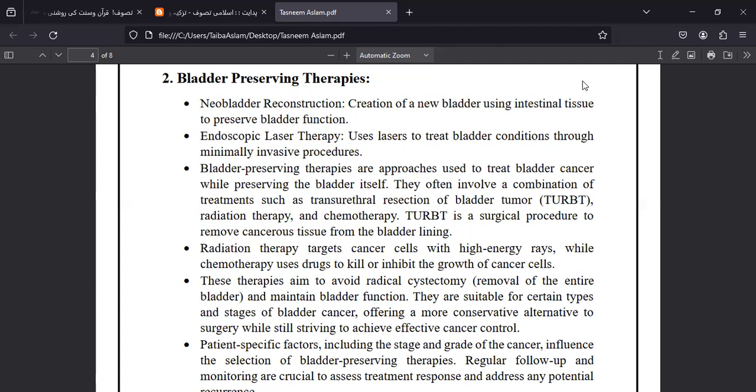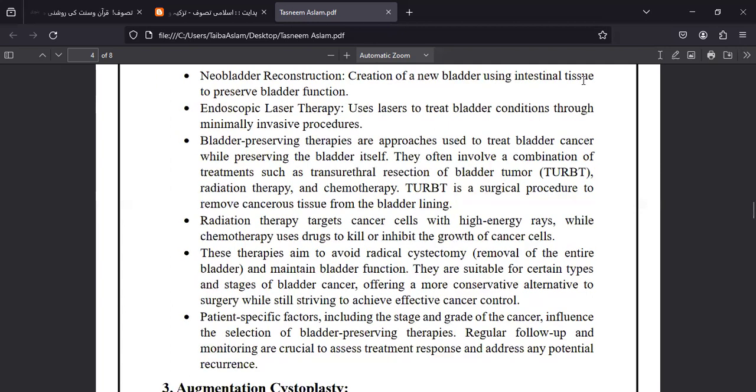TURBT is a surgical procedure to remove cancerous tissue from the bladder lining. Radiation therapy targets cancer cells with high-energy rays, while chemotherapy uses drugs to kill or inhibit the growth of cancer cells.